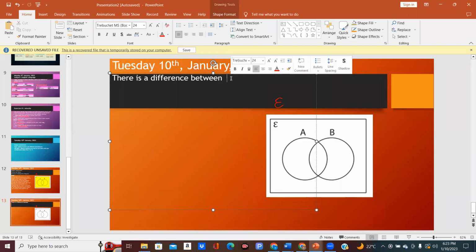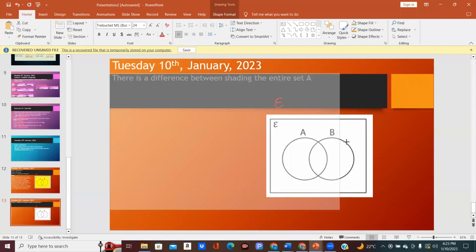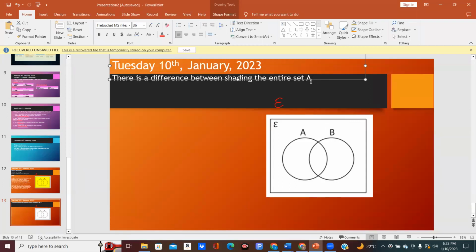There is a difference between shading the entire set A, and shading A only.